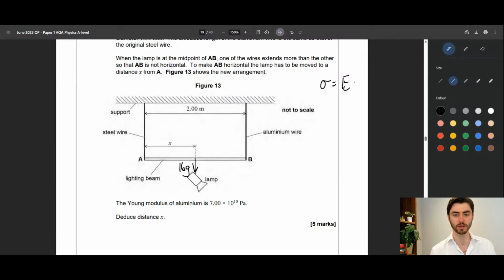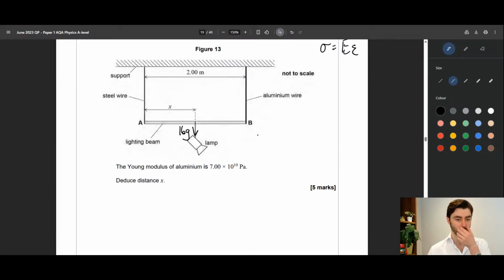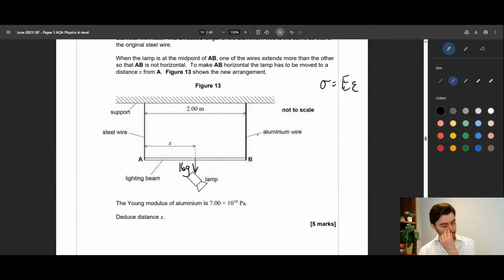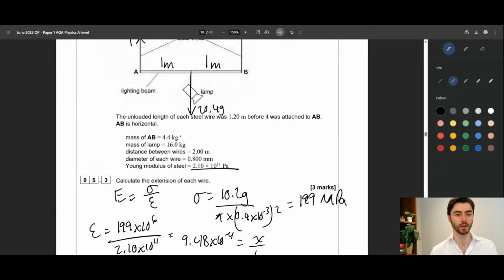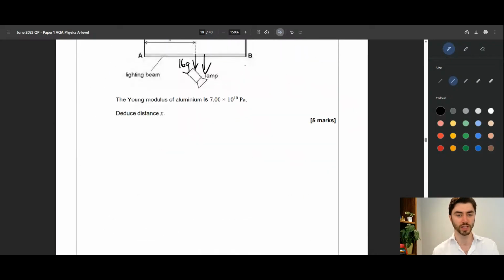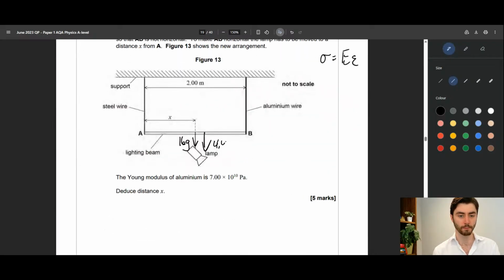Sigma equals E times epsilon. Okay, let me just go through this generally. So we know we have that at x. We also know we have 4.4g acting at a distance of 1 from both.